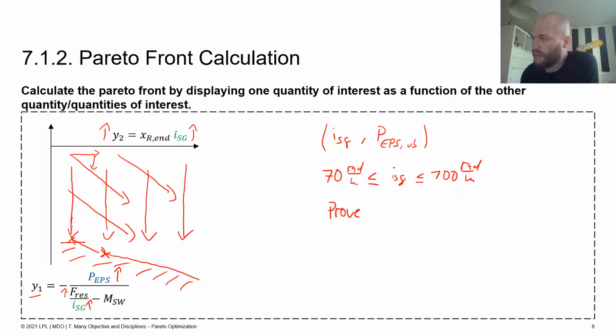The first step is to show that indeed all designs within our specification, all designs within the bounds of the design space, are non-dominated.